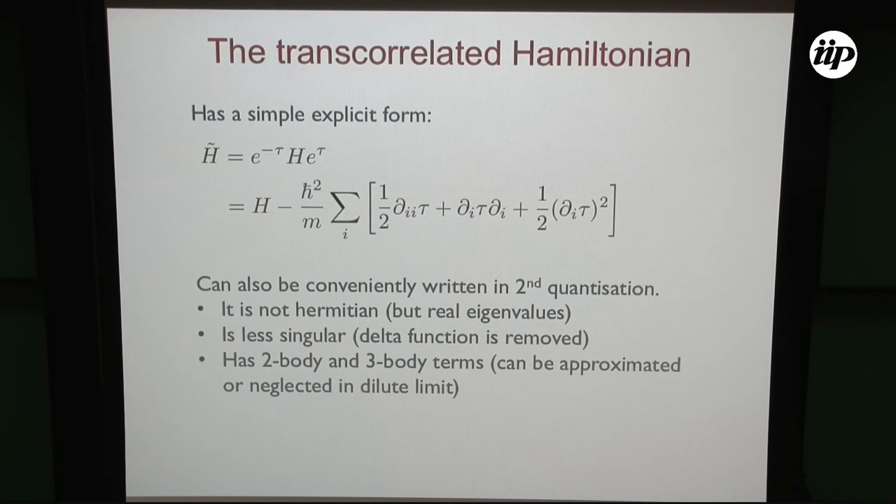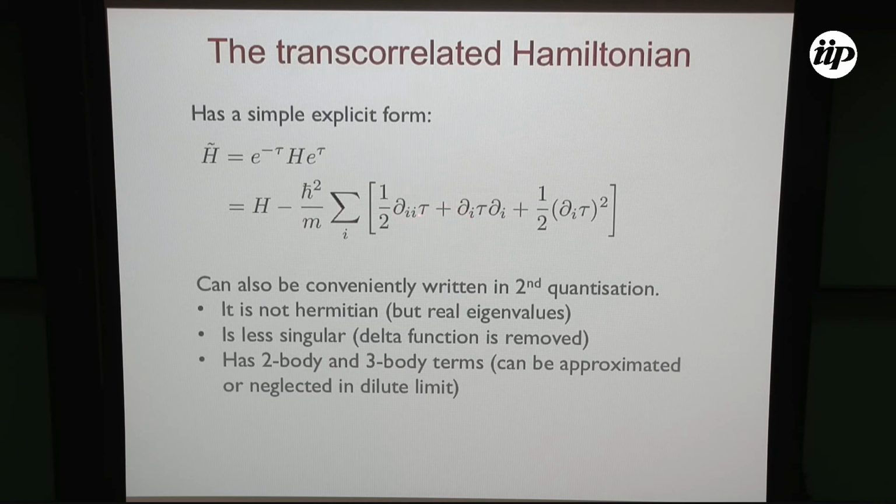Now, the similarity transform is actually very nice if the taus are factors that just depend on two-particle coordinates, and it can be shown to reduce to this form. Because these Jastrow factors commute with interactions and external potentials, you just have to commute them with the kinetic energy.